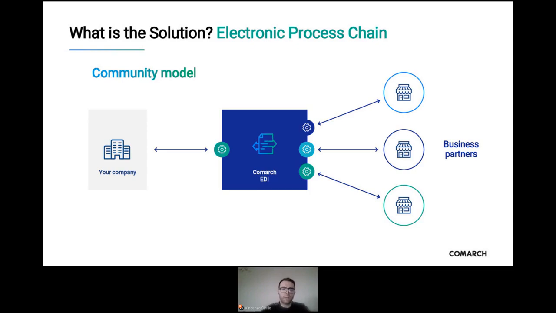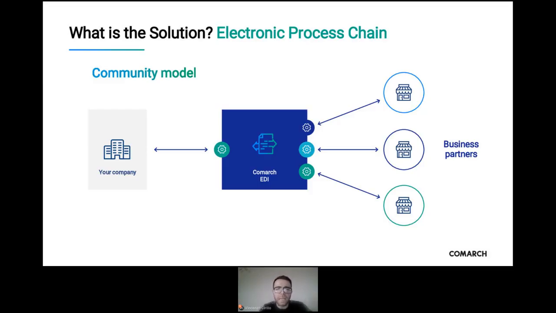The EDI will enable your organization to connect in real time with your local or global partners through multiple channels that might be, for example, web applications, APIs, emails, and any other type of channels.